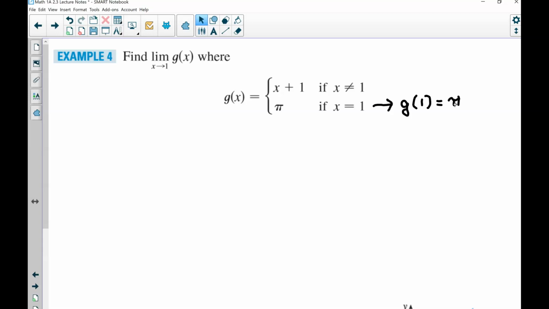Now, since g of x is equal to x plus 1 for x not equal to 1, we can say that the limit as x approaches 1 of the function g of x would equal the limit as x approaches 1 of x plus 1.